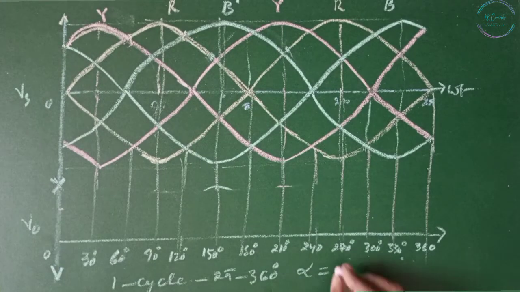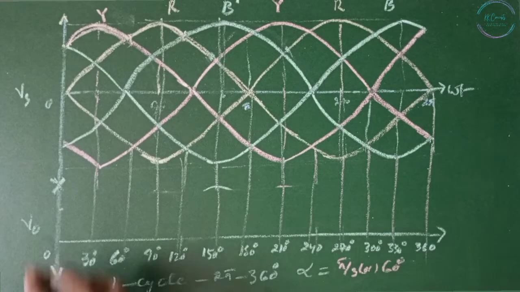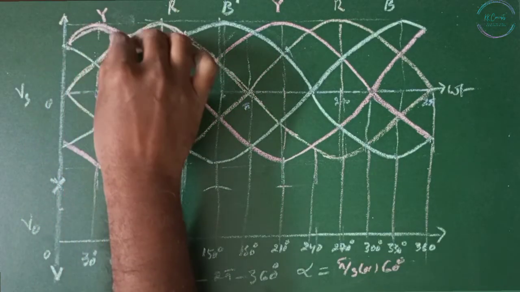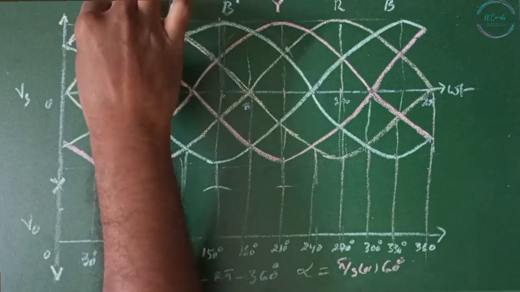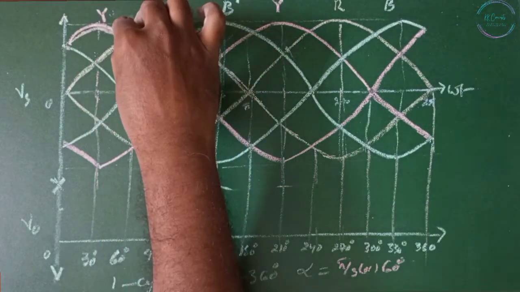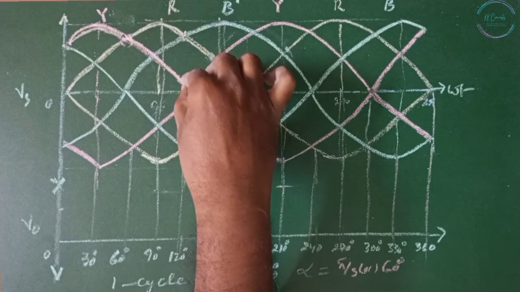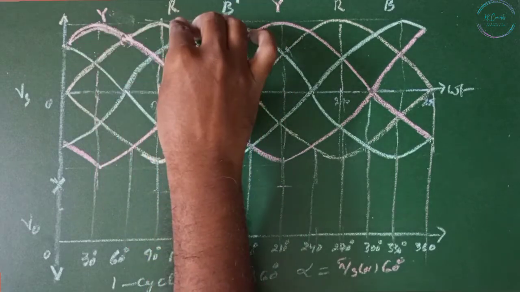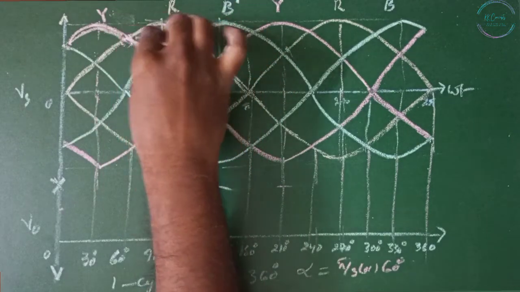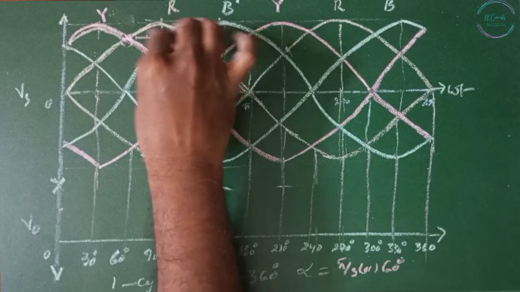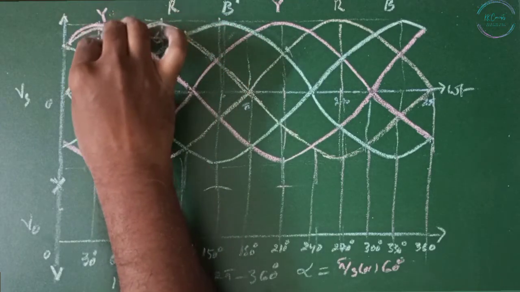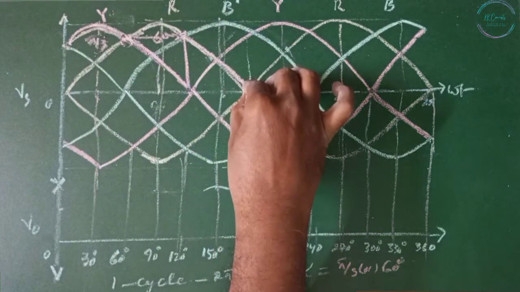Now if alpha equals pi by 3 or 60 degrees, then here Y dash is going to start and continues to conduct until R is going to start. R is going to start from here, since this is 60 degrees or pi by 3. R is going to conduct.